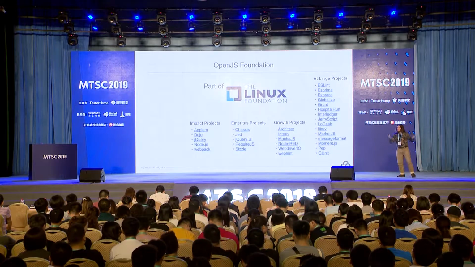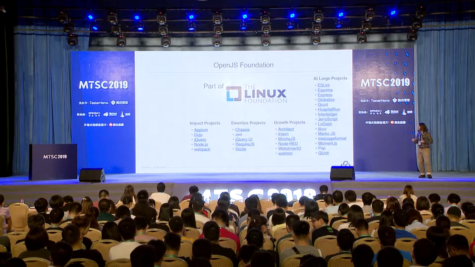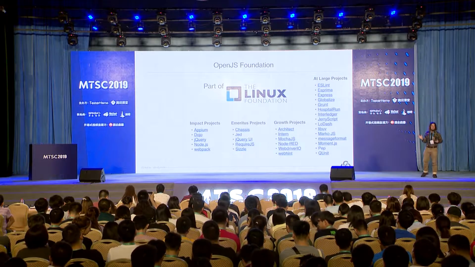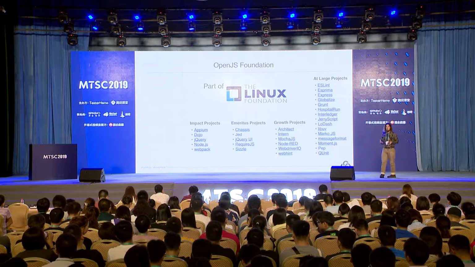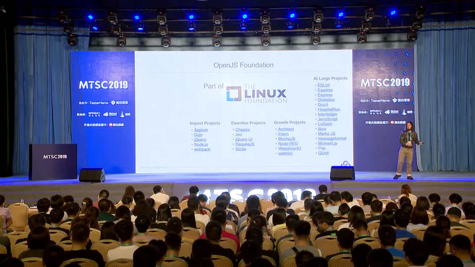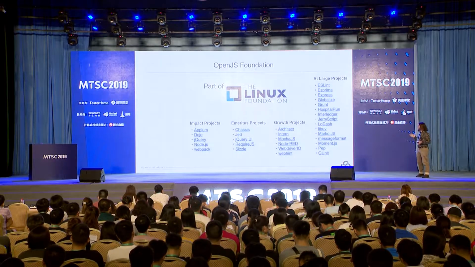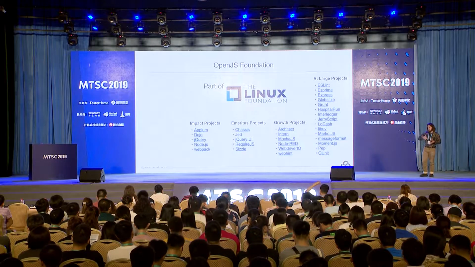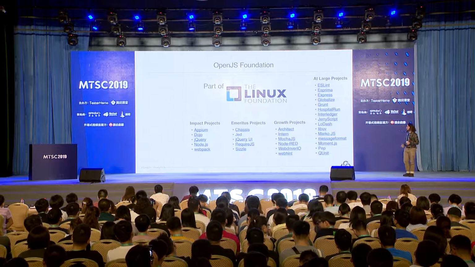The OpenJS Foundation is a smaller part of the larger Linux Foundation. And so this really gives Appium a lot of stability, because companies and users want to see that this thing just isn't going to disappear the day that Jonathan and I just get bored of it or something. So Appium is its own thing as part of the OpenJS Foundation, and the OpenJS Foundation is part of the Linux Foundation.